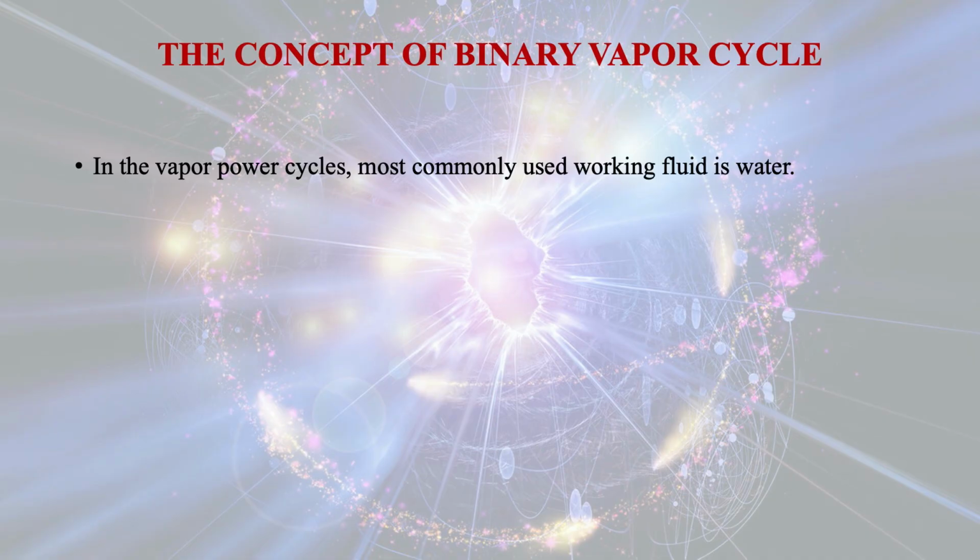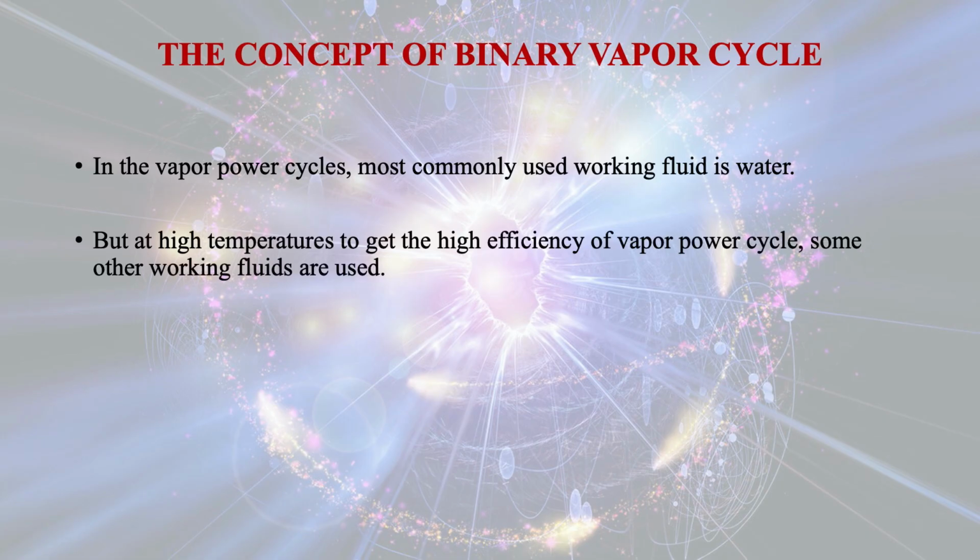Now let us see how we can have the binary vapor cycle so that we can get more efficiency than the Rankine vapor cycle. In the vapor power cycle, the most commonly used working fluid is water, but at high temperature, to get the high efficiency of vapor power cycle, some other working fluids are used.